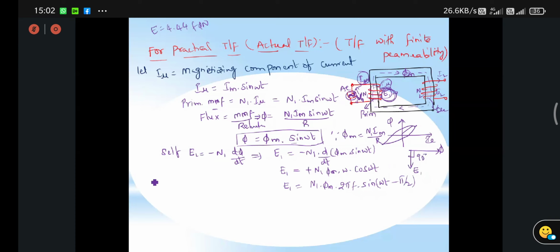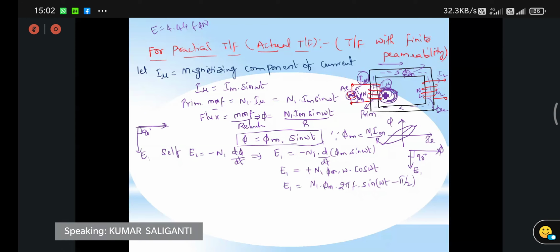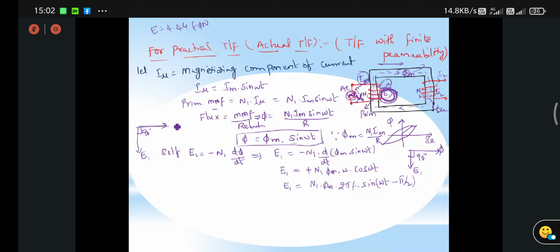If you take the flux direction as the reference vector, E1 is induced like that, exactly 90 degrees. So the EMF induced in the primary winding is always lagging the flux by exactly 90 degrees.